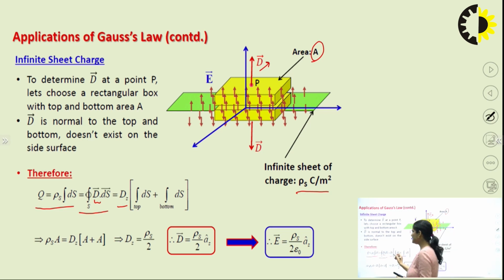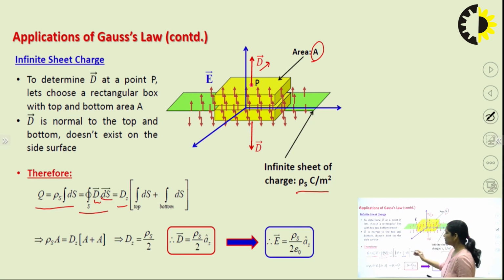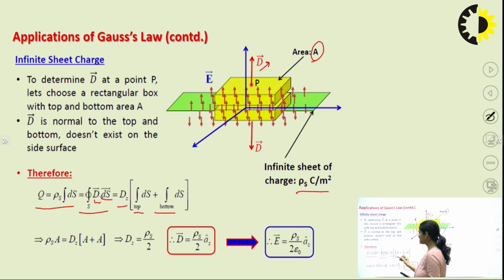So you take D as common, and you have to take the closed integration of dS. Now write down dS in the form of top and bottom. So calculate dS for top and bottom, you will get A and A, because the area is represented by A. Now put the value for the top surface and bottom surface, A plus A.